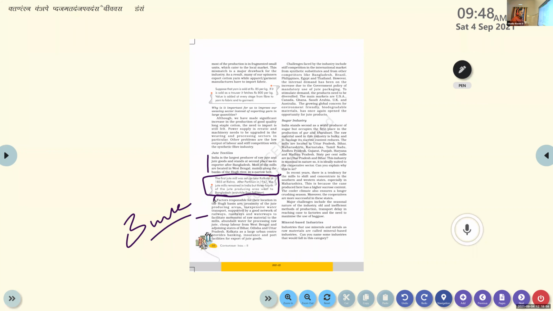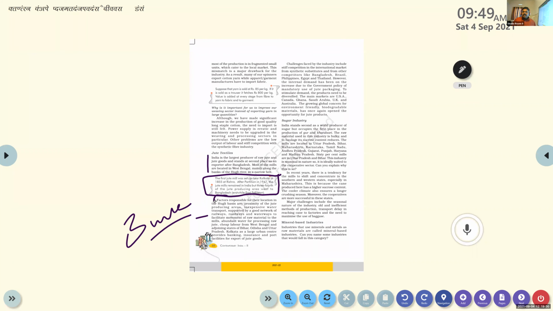Proximity of the jute producing areas. Near the Hooghly River Basin, the jute producing areas are close by. Inexpensive water transport: the jute producing areas are on the banks of the Hooghly River, so jute can easily be carried from one place to another by inland water navigation.